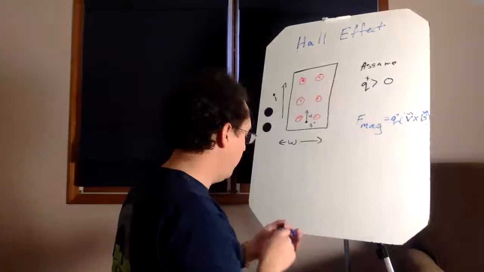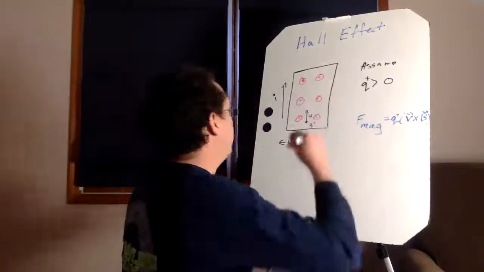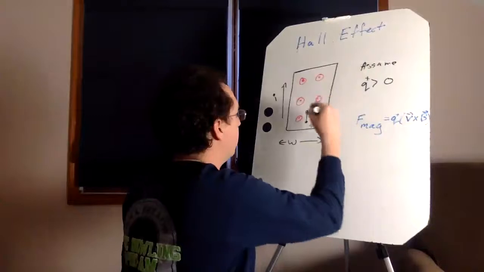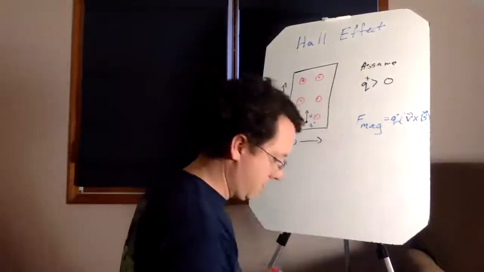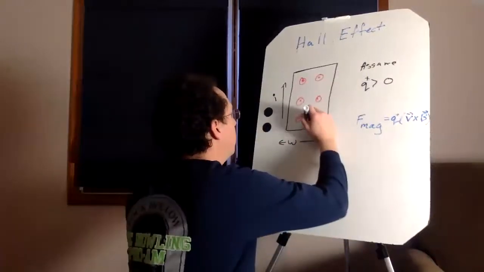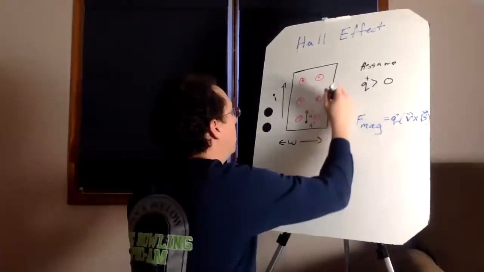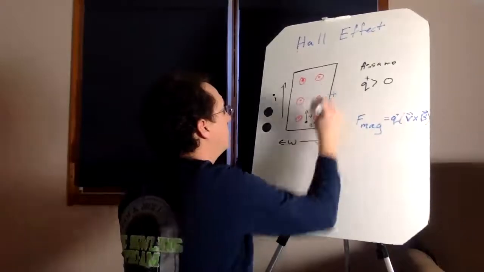So what's going to happen is that this particle is going to feel a force to the right. It's going to wander over here, and you're going to get a positive charge right here.